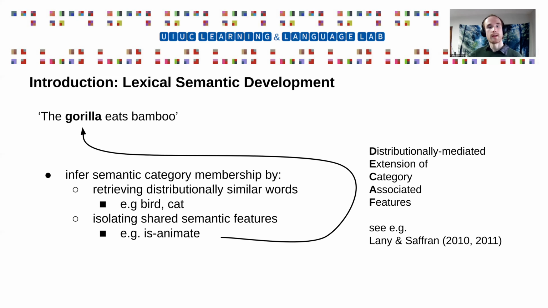So this is something that most likely does occur in children. There hasn't been any sort of computational work examining what potential cognitive mechanisms might be at play. And this is precisely where this thesis comes in and tries to make some progress.